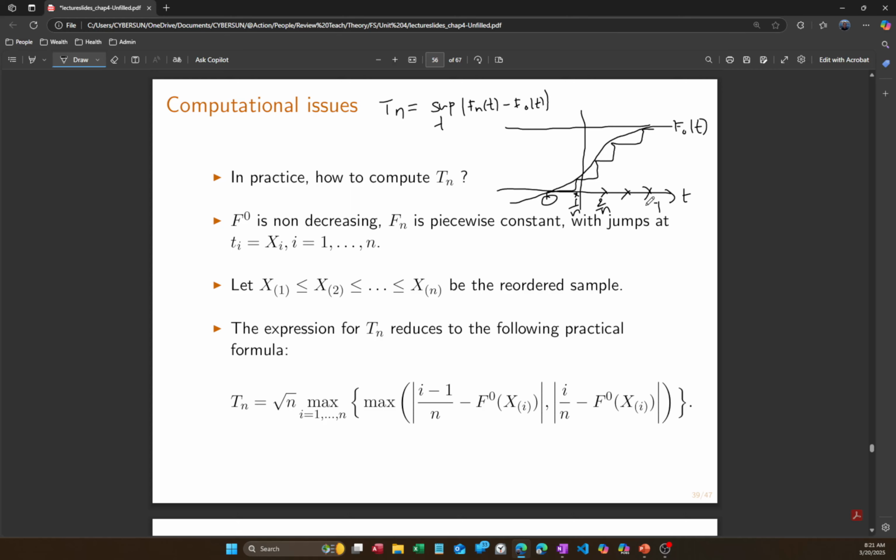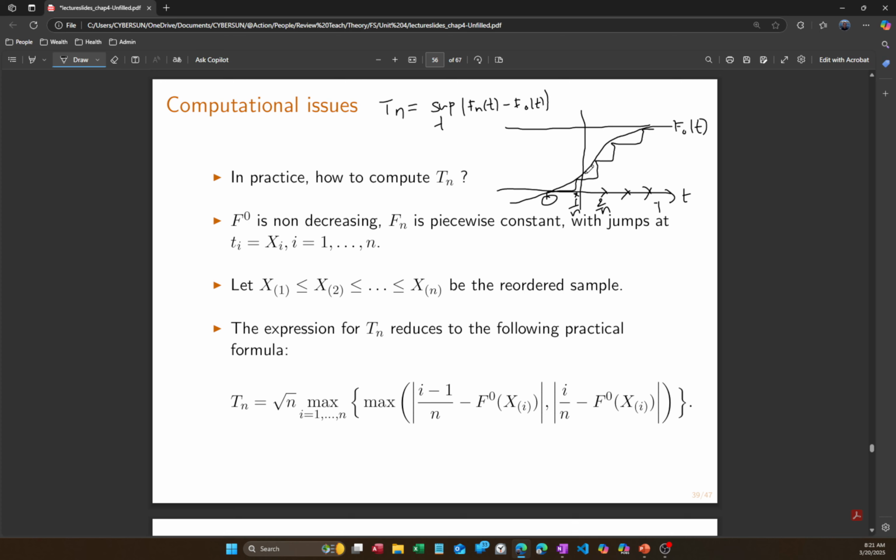Now, let's understand the behavior of Fn(t). At each jump, Fn(t) increases by 1/n. Between jumps, it remains constant.